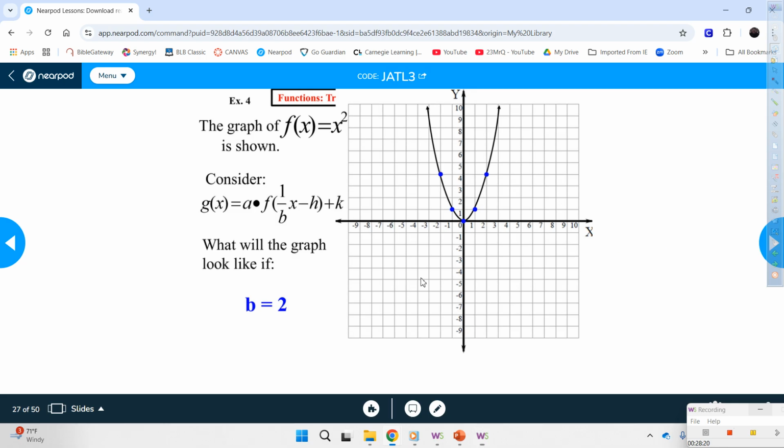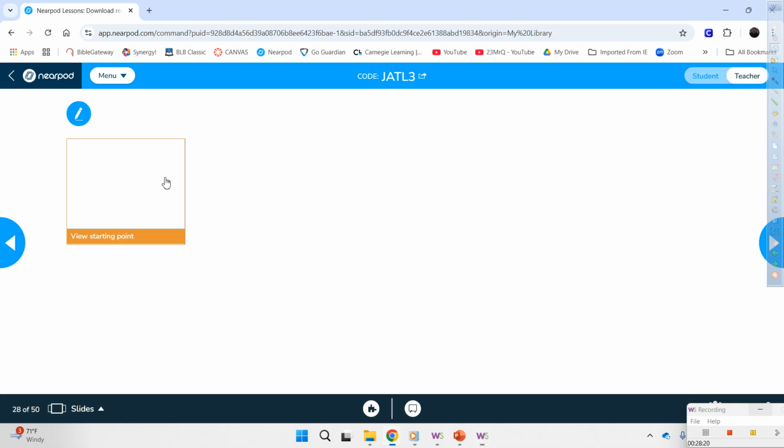Look at this one now. What happens if we substitute a 2 for B? What would happen to those points? Talk it over with your neighbor. All right. Go ahead and graph it.